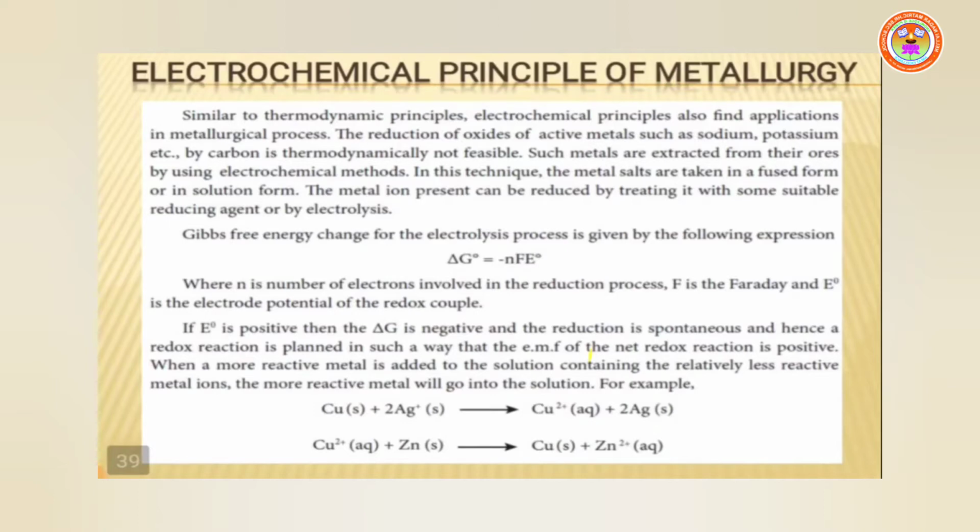Similarly, when a zinc metal is placed in the salt solution of copper, the more reactive zinc will precipitate the copper and the zinc ion will go into the aqueous solution. The equation is Cu2 plus plus Zn gives Cu plus Zn2 plus.